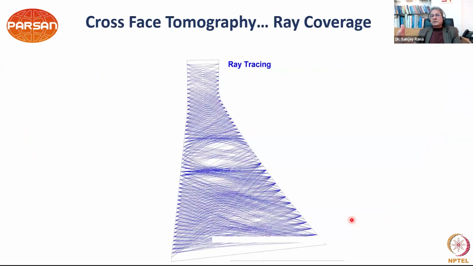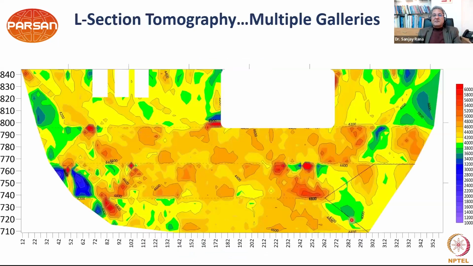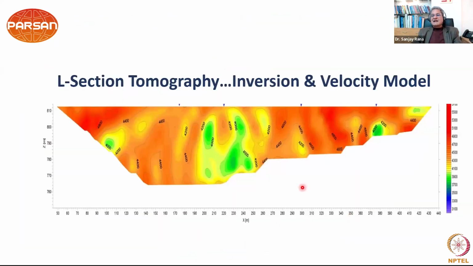Now, once the L-section tomography has been done, the next question is what is the condition of the dam from upstream to downstream? For example, this has given you one slice from the dam top. But then the next question is that my dam has a certain thickness also.